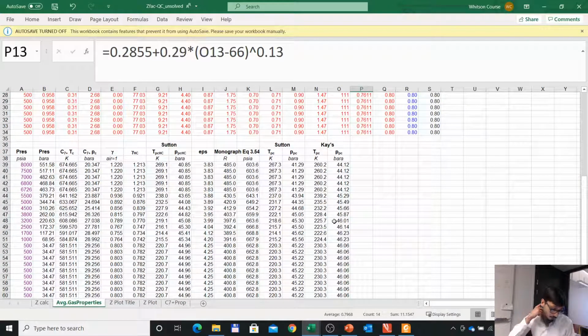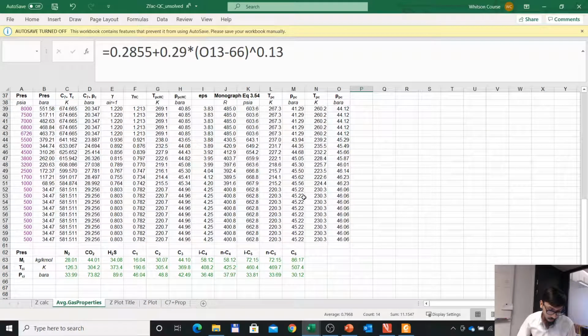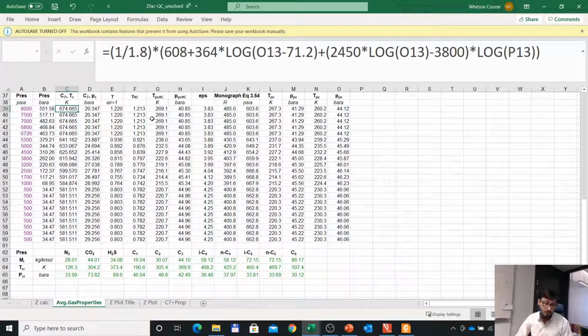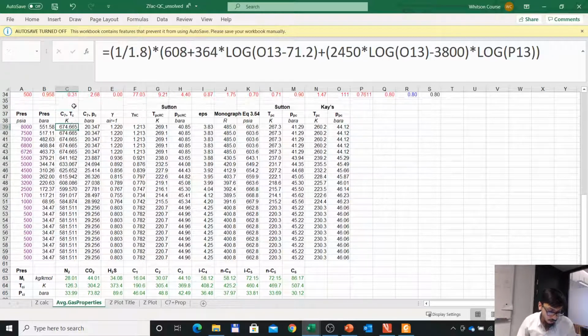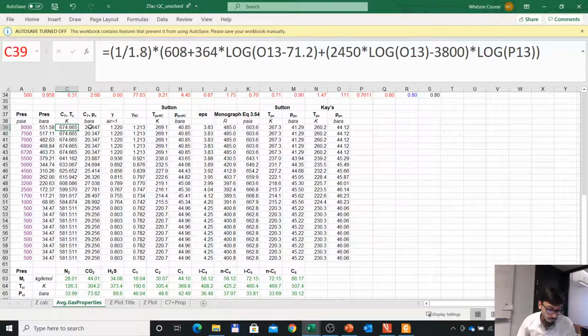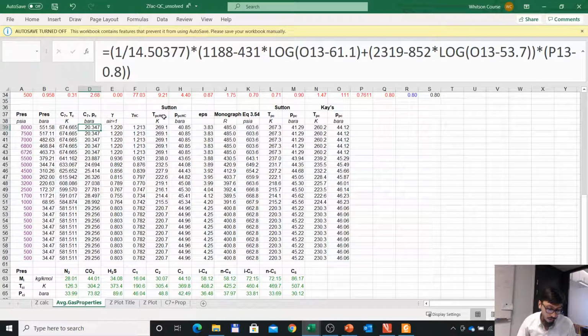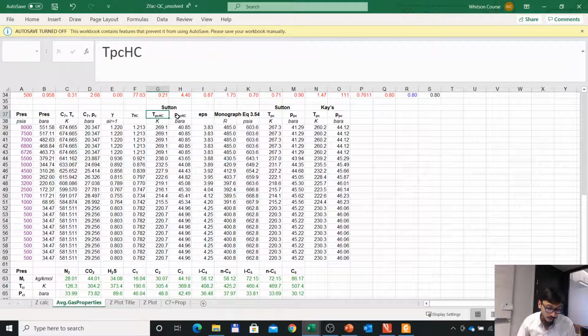And so if you scroll down in this sheet, what you find is that different calculations are being made, and these are the same calculations that I tried to point out in the PowerPoint: calculating the C7 plus TC and PC, for example, from this Matthews correlation, calculating the hydrocarbon gas gravity, calculating TPC and PPC for hydrocarbon gas, this epsilon correction, and then calculating the correct TPC and PPC from the Sutton correlation and the Kay's mixing rule.